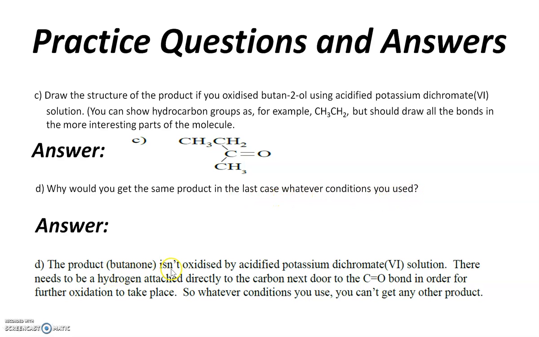The product butanone isn't oxidized by acidified dichromate solution. There needs to be a hydrogen attached directly to the carbonyl carbon in order for further oxidation to take place. So whatever condition you use, you can't get any other product as the carbonyl group doesn't have any hydrogen connected directly to it.